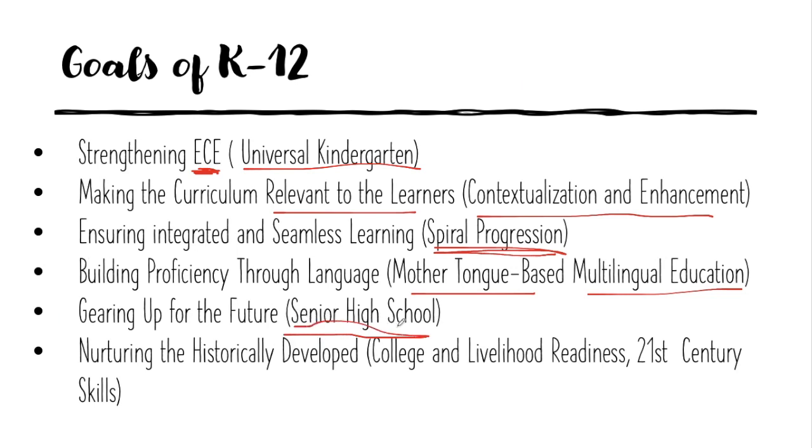So you have the STEM, you have philosophy, you have the ones for business. So that's gearing up for the future through senior high school, and of course, nurturing the holistically developed learner through college and livelihood readiness, 21st century skills. So these are the different goals of K-12.